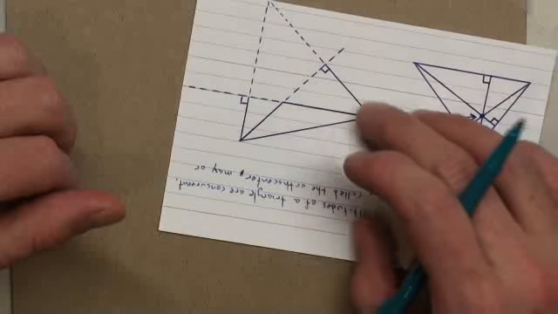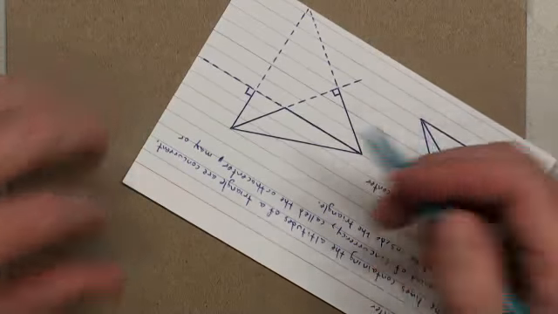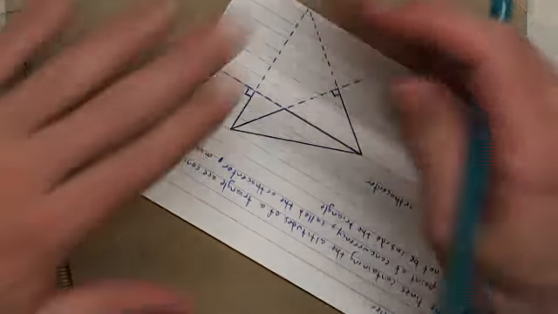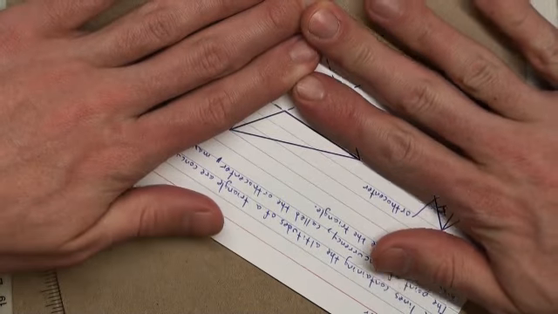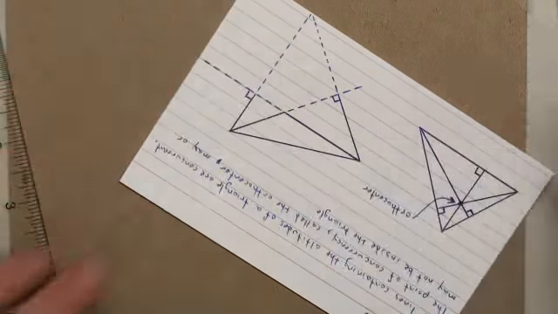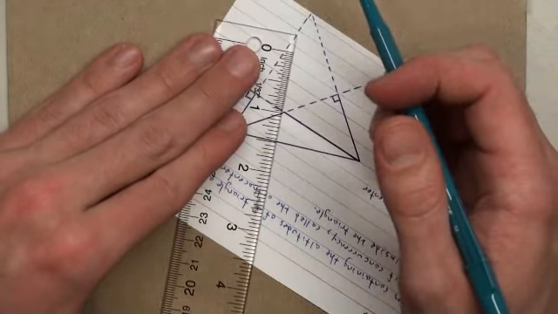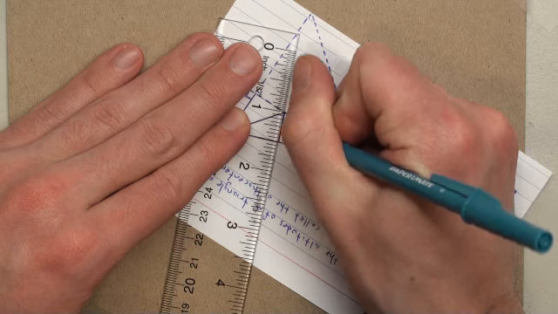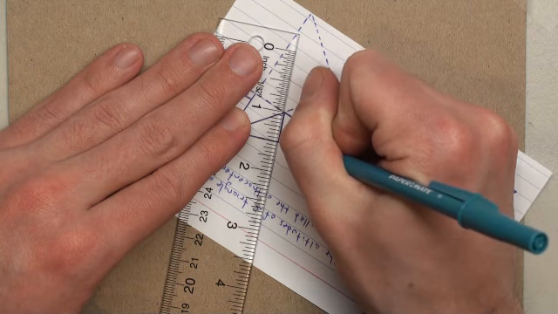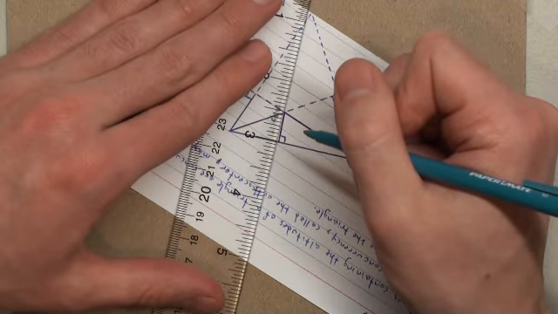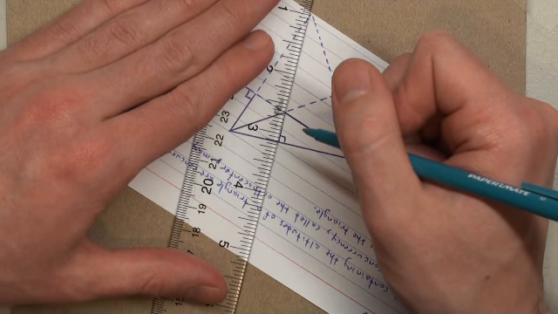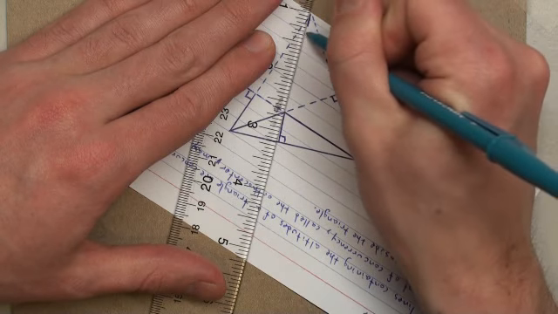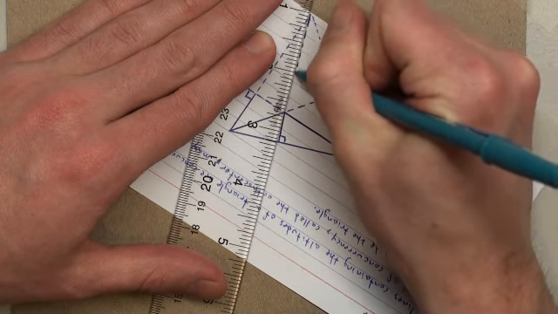Now there's one more. This one is actually going to be straight down inside the triangle. So now I'm looking at the triangle just how it is, like this. So the altitude's going from this vertex down to this line. And what I'm going to do is extend that altitude also.